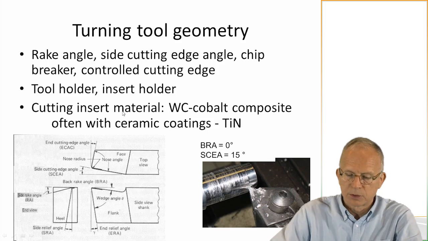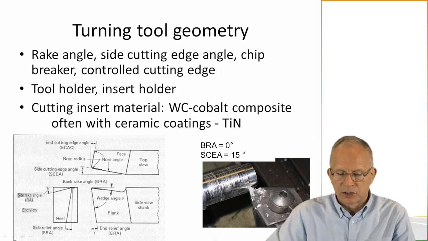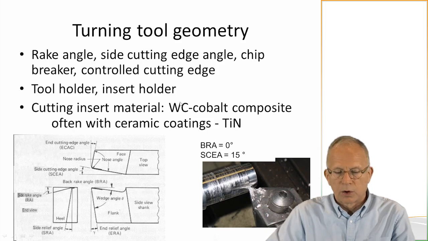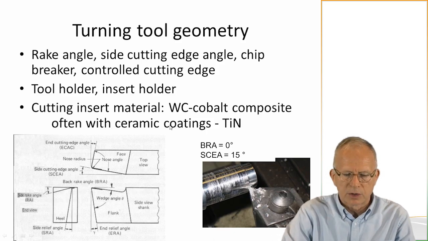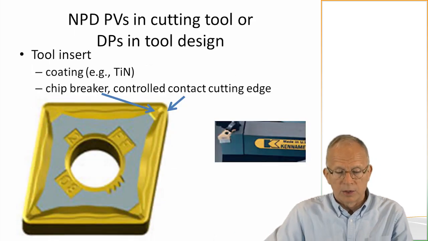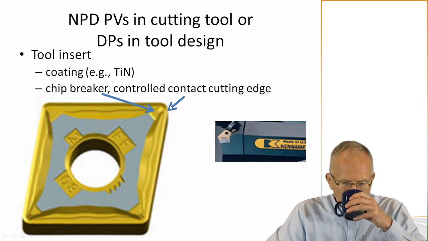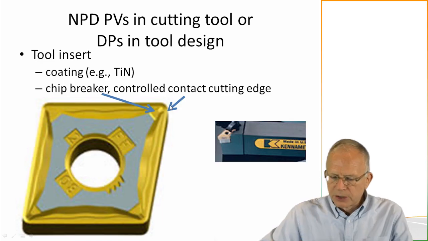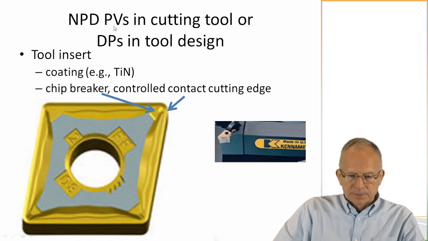Some tools are still made out of tool steel when they're monolithic and you're not changing this so much. Or it can be brazed in tungsten carbide cobalt. This one is changeable. And often there's a titanium nitride coating or some other coatings. Actually, the coatings can get quite sophisticated. So the geometry is even more complicated than we're just looking at.